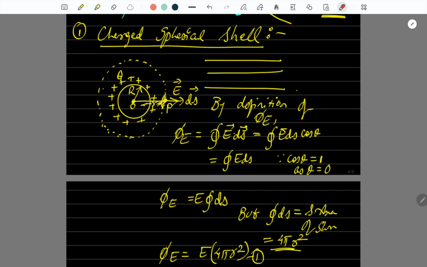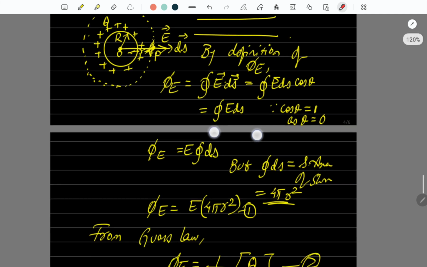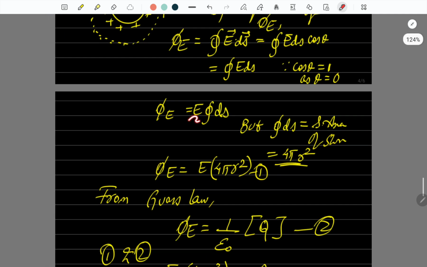We also marked the electric field vector. After that our definition started. By definition of flux, integral E dS cos theta, where cos theta becomes 1, so E dS remains. After that E comes out because it is constant, integral dS becomes 4 pi r square, so we put 4 pi r square. Flux is equal to E into 4 pi r square is your first expression.